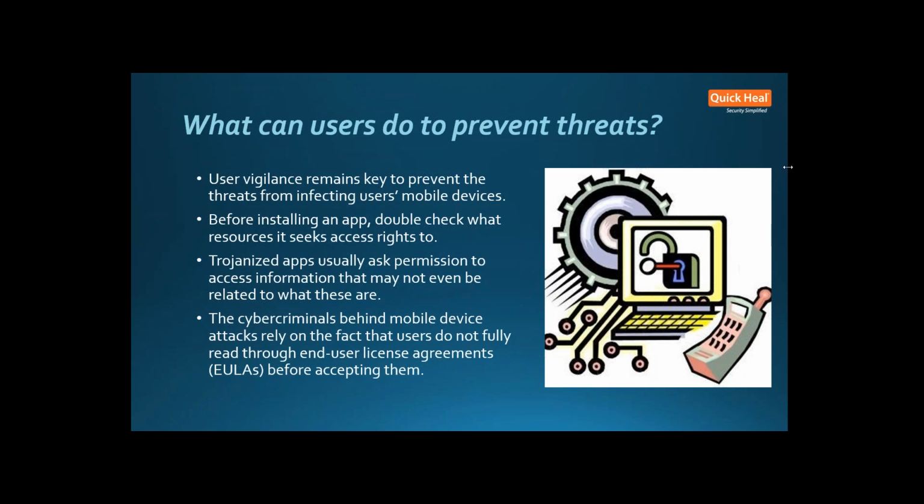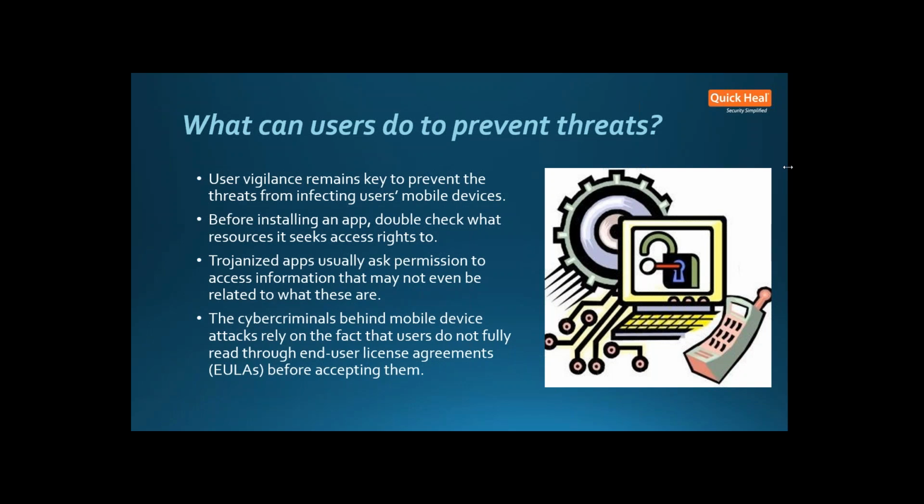So now, why are these apps created? Because cyber criminals are behind mobile device attacks, and they rely on the fact that users do not read through the end user license agreement before accepting them. So you have this privilege. Android has a very strict policy where it has clearly mentioned that every app, before it's been installed, needs to show the permissions.